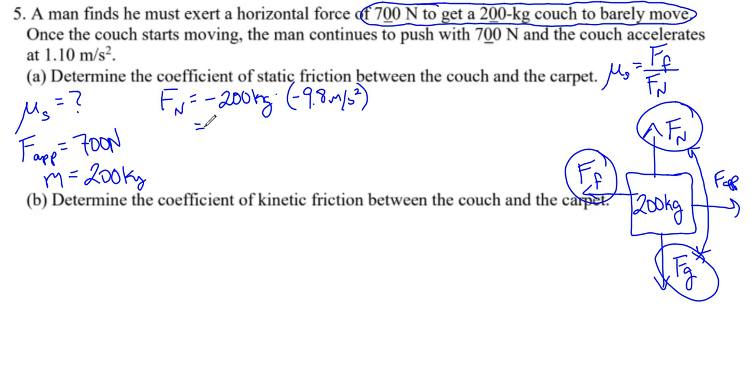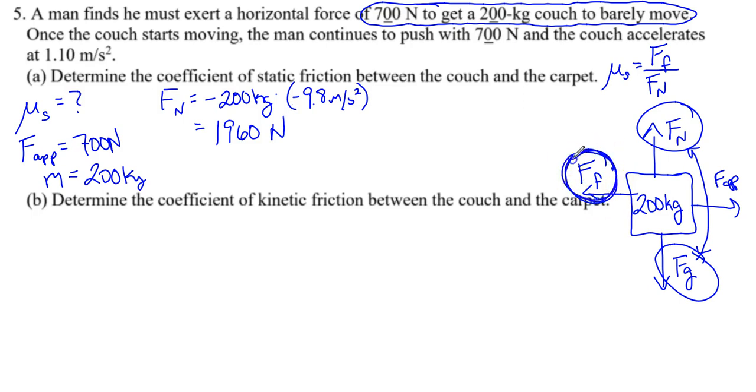So negative 200 times negative 9.8, if I do that on the calculator, I get exactly 1,960 newtons.